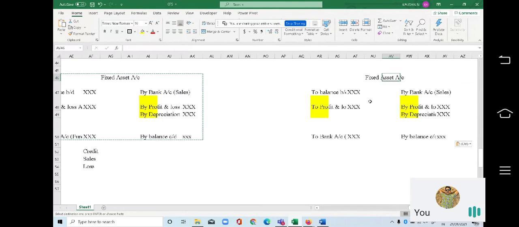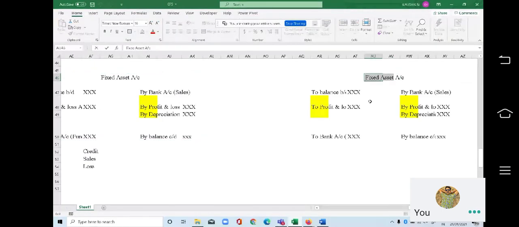So in investment, as far as it's concerned, when I say investment account, this investment account will be similar to that of a fixed asset, but it will not have depreciation. Except depreciation, other things will be there.